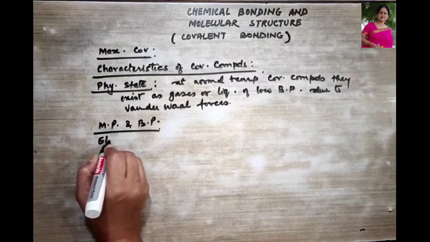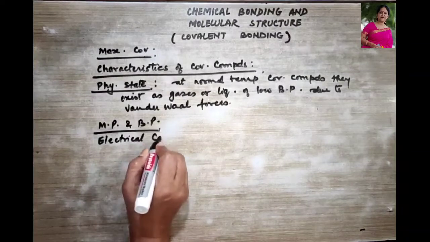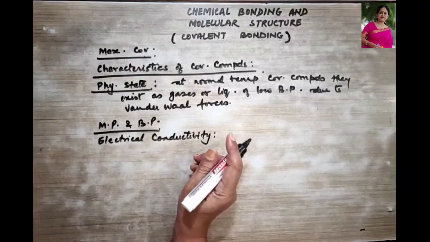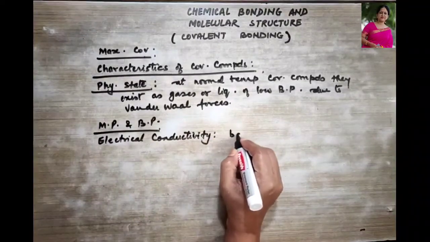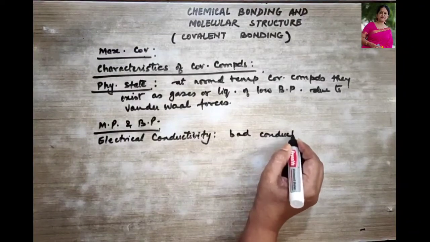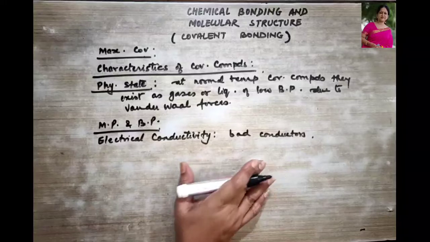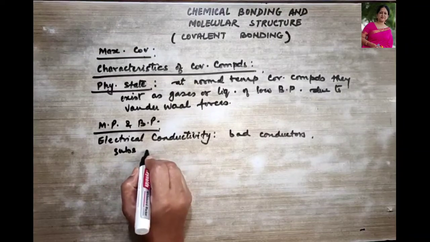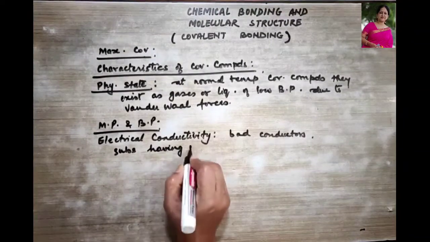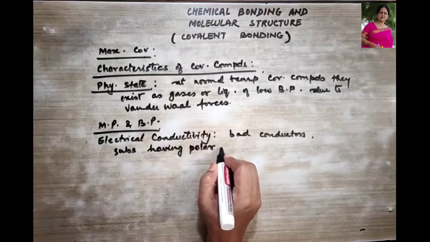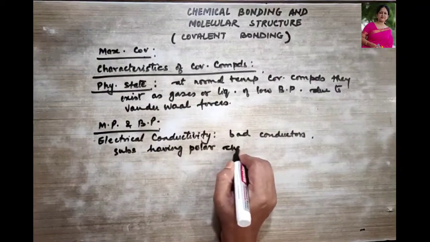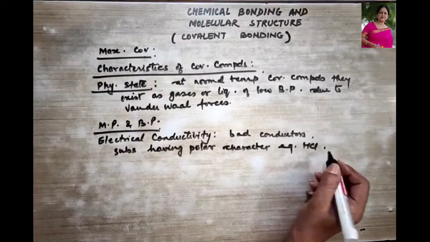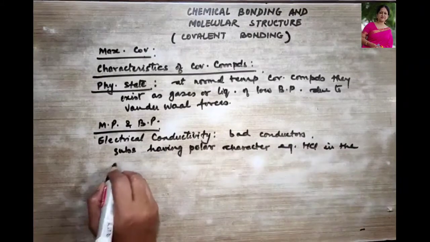Let's talk about electrical conductivity. What do we know about it? These covalent compounds are bad conductors of heat and electricity. Clear? Substances having polar character, for example HCl, conduct only in solution.